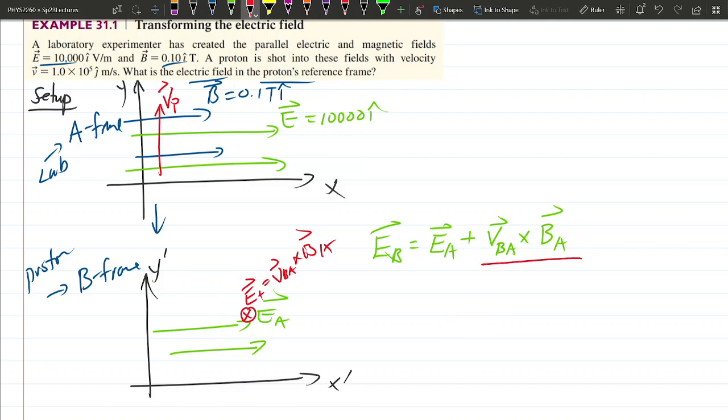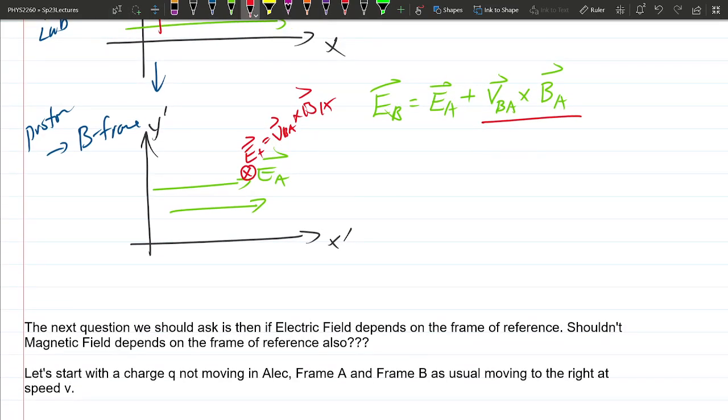Let's figure out what that magnitude is, because we already figured out the direction. The resultant electric field in B's frame is going to be whatever it is in A's frame already, 10,000 in the i hat direction, and we're going to add to that V cross B_A.